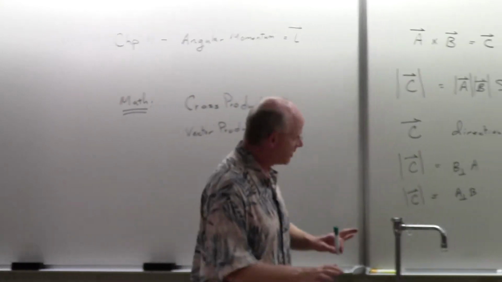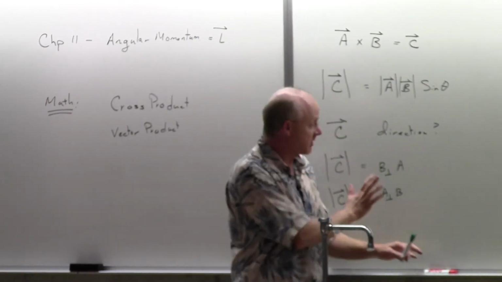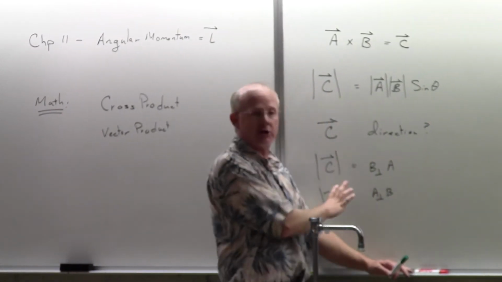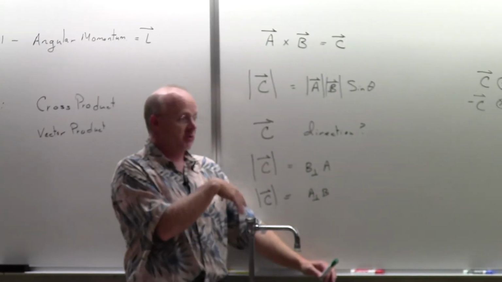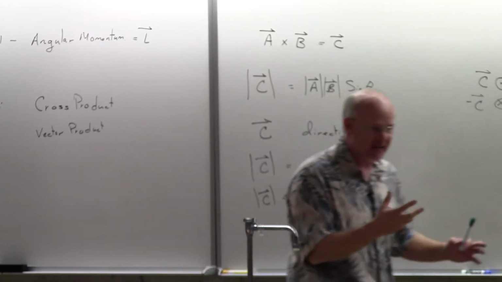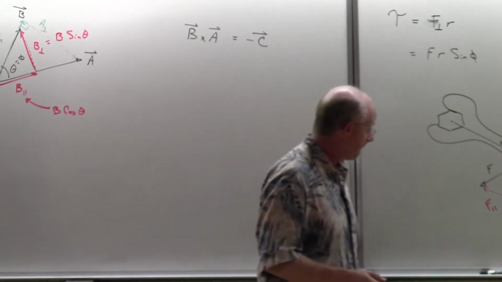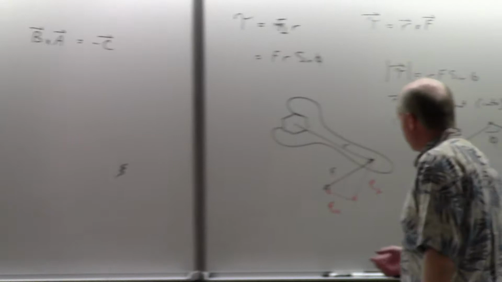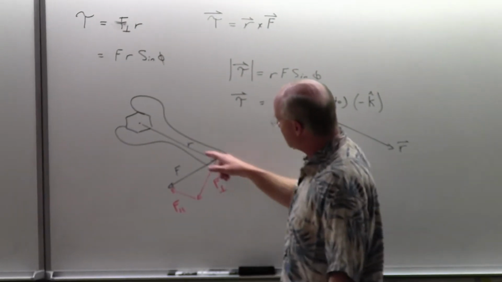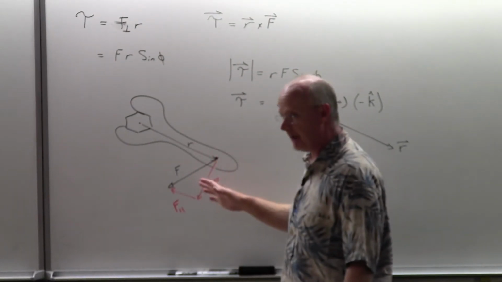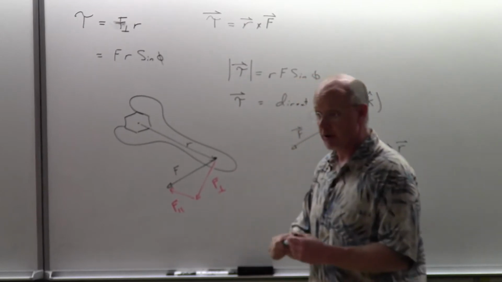Now, just so you don't lose touch with math, because I know sometimes we can get so lost in the math and it can get so abstract that students don't see how it applies. So let me make sure you see this. How would it apply here? Well, what we're really saying is how much of R is perpendicular to F. And I think that one's a little harder to see.